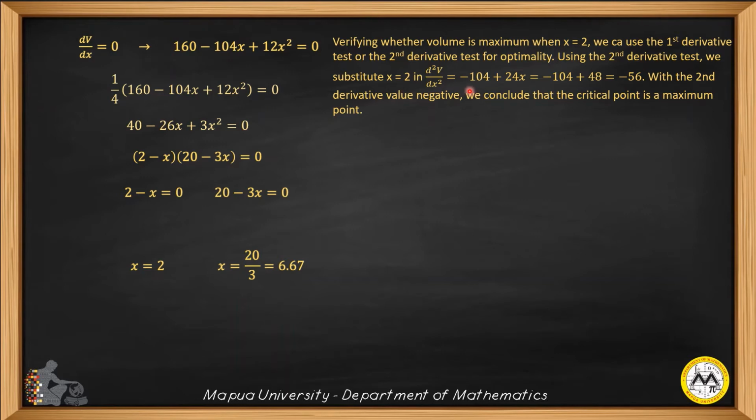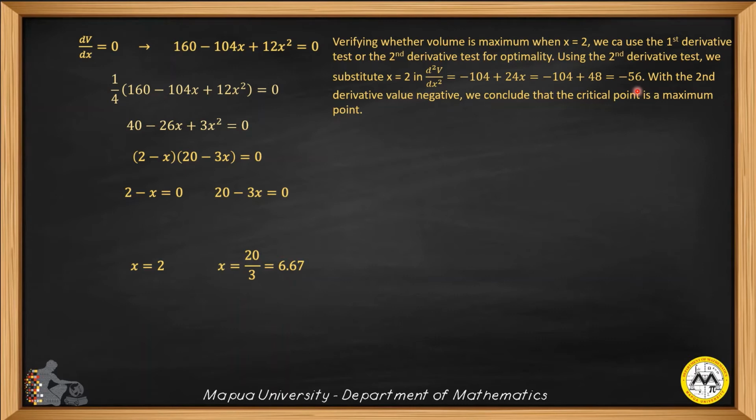The second derivative of the function V with respect to x is given by negative 104 plus 24x, and if we substitute 2 in place of x in this expression, that gives a second derivative value of negative 56. If you do the same with x equal to 20 over 3, you can easily verify that the second derivative value would be positive.